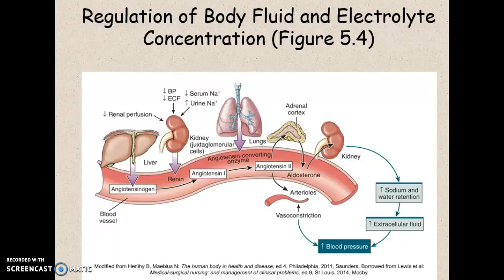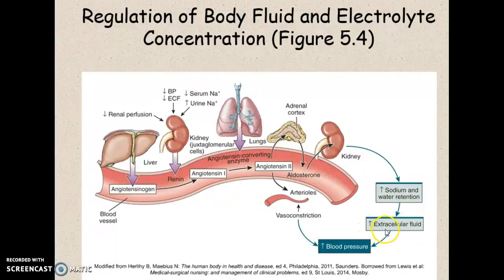And then renin gets into the vasculature, begins acting on angiotensin 1. You have the lungs that produce what's called ACE, angiotensin converting enzyme, which acts on angiotensin 1 to produce angiotensin 2, which goes to the adrenal cortex. The adrenal cortex secretes aldosterone. Aldosterone acts on the kidneys to increase sodium and water retention.